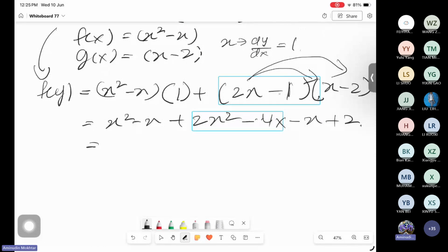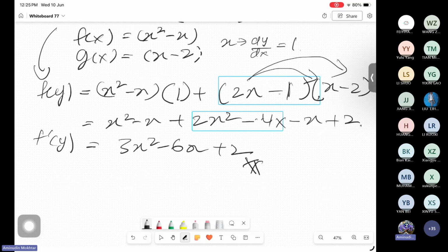So the first derivative, we can simplify this equation, equal to 3x squared minus 6x plus 2.